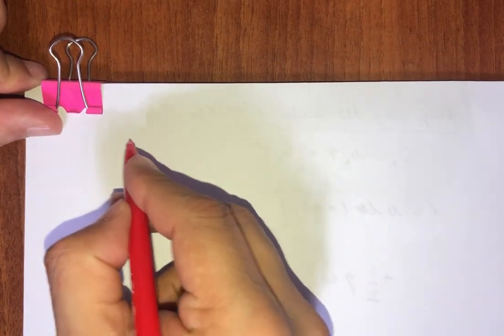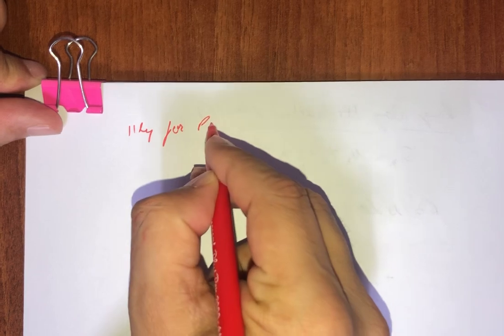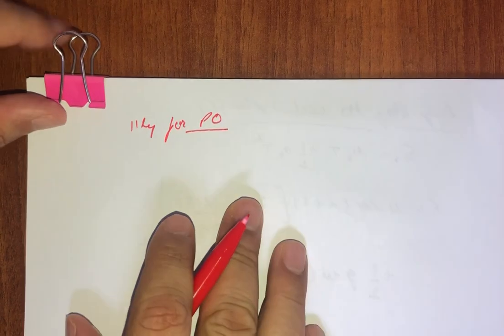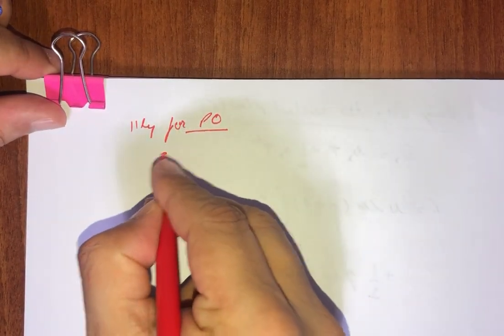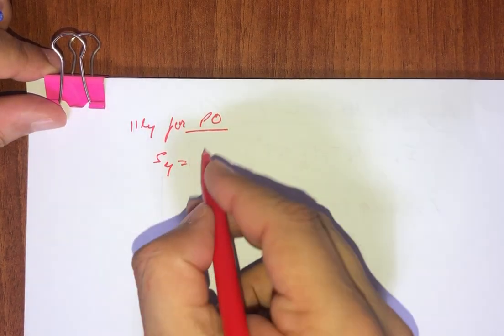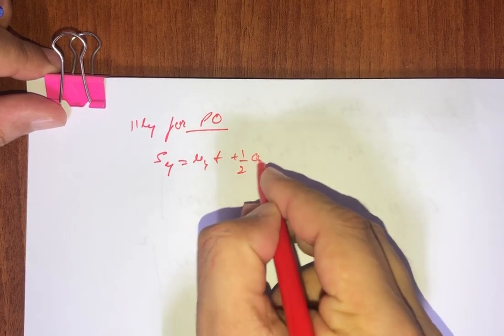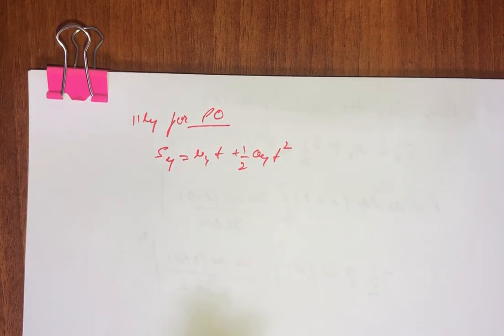Next part, similarly we can find out PO. Similarly for PO we can write S of y is equal to U of y into t plus half A of y t square.